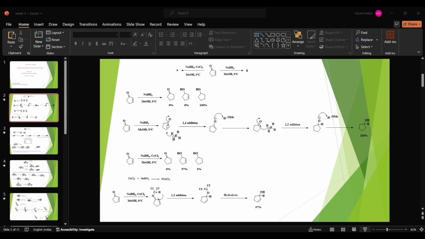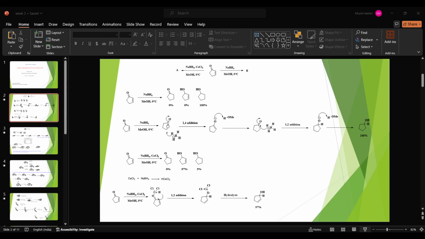Do you know how to perform sodium borohydride reductions in the lab, practically?